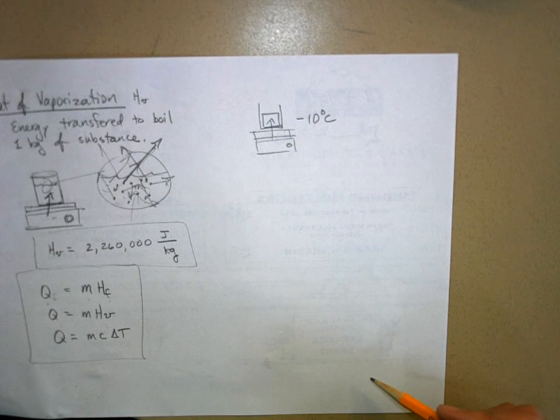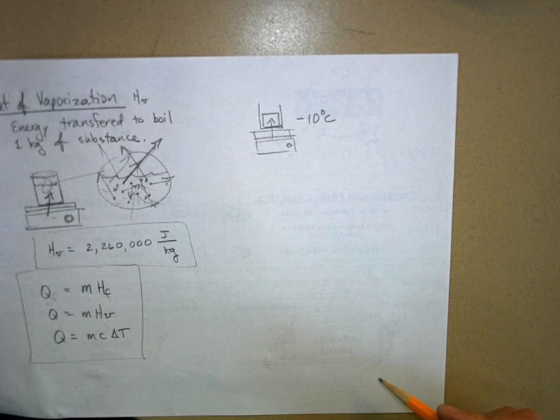To what temperature? Well, it's eventually going to get to 100 degrees Celsius, but before it gets to 100 degrees Celsius, it's got to get to what temperature? 0 degrees Celsius, so that it can start to melt.